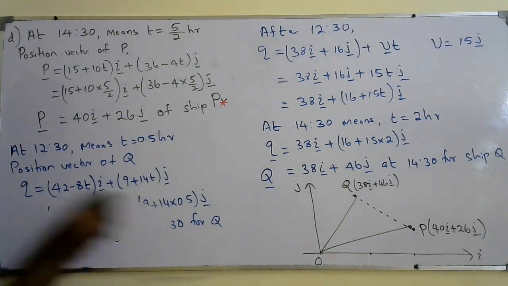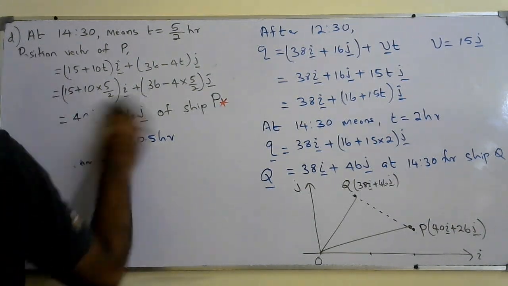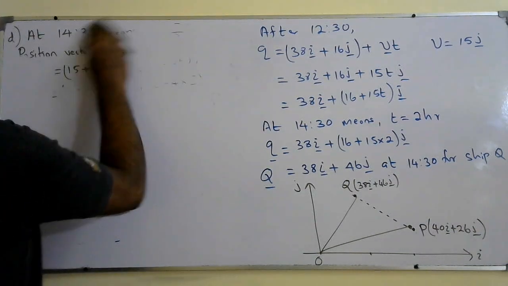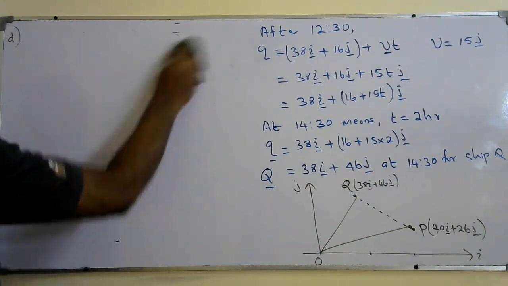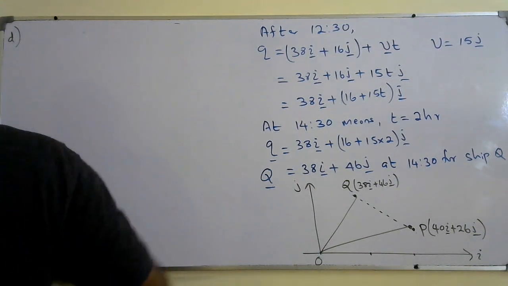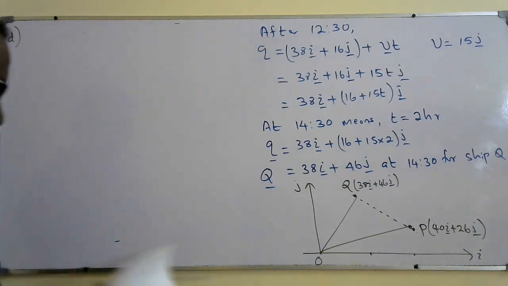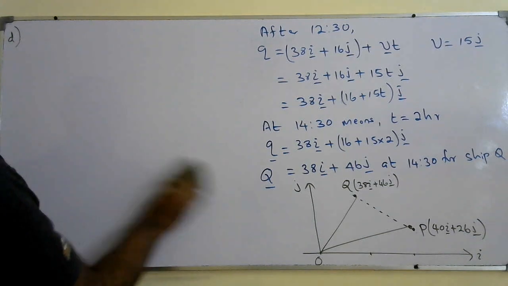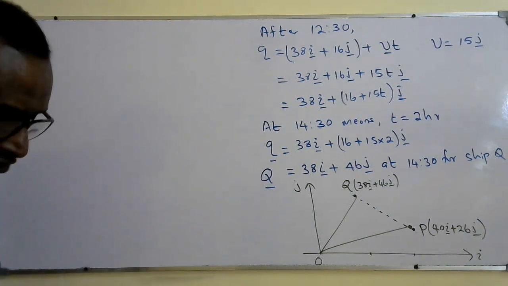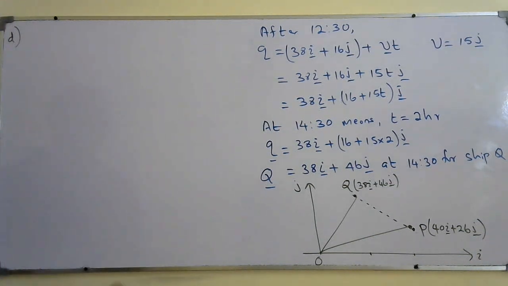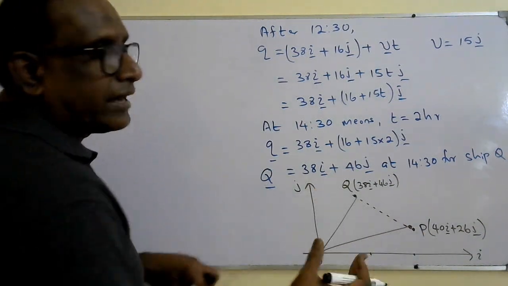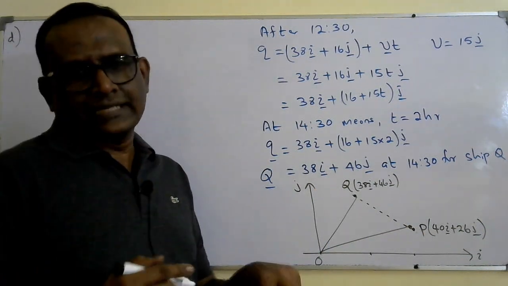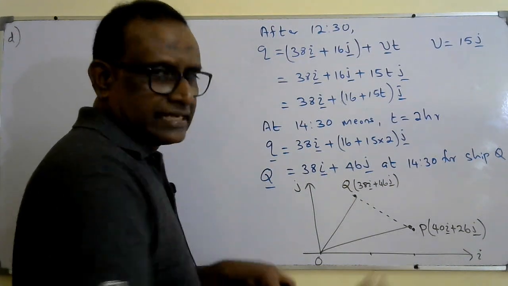Marks they are giving for this question, a little, 7 marks. We'll find PQ or QP, it doesn't matter because we are going to take the magnitude squared, Pythagoras theorem, so the answer is the same.